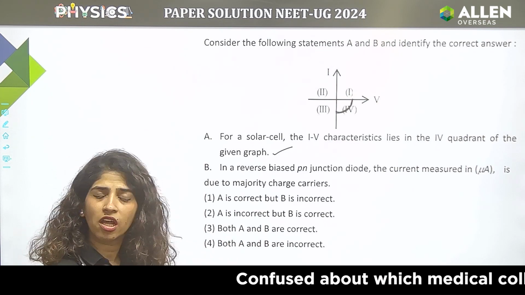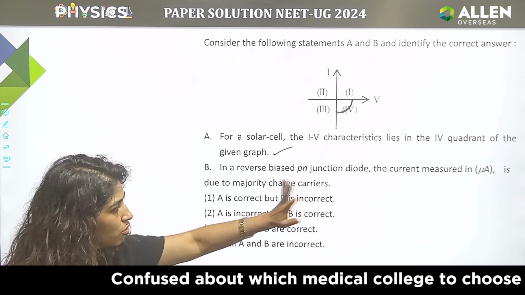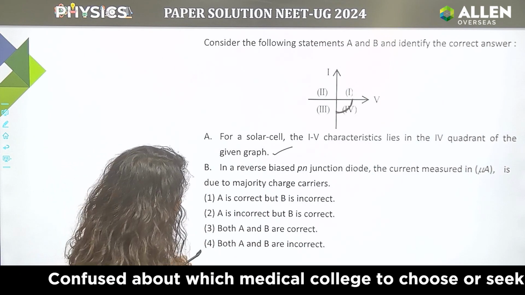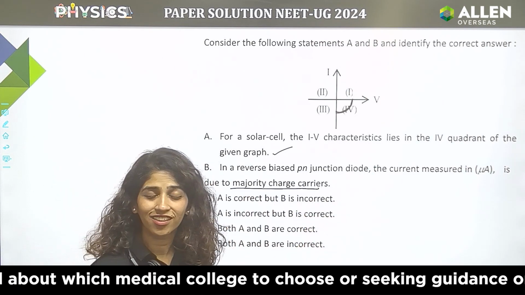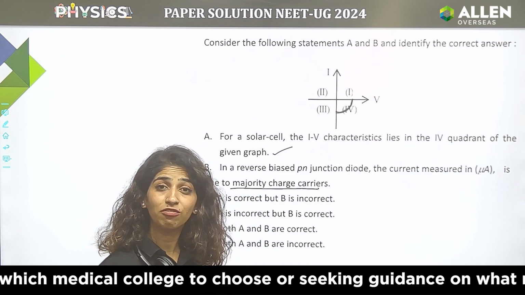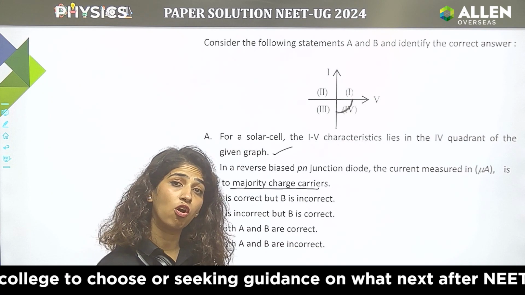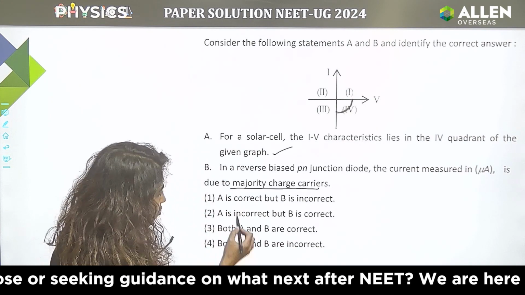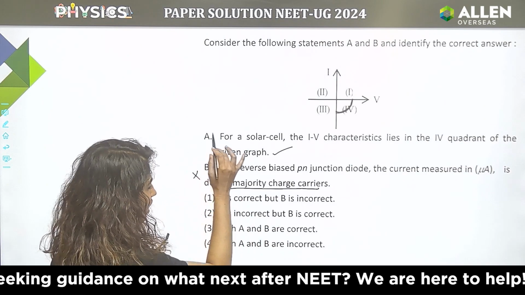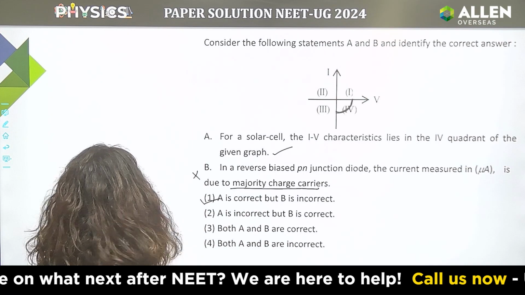In reverse bias, the current flowing is very small, in microamperes. So that part is correct. But it says that it is due to majority charge carriers, which is incorrect. In reverse bias, whatever current flows is not due to the majority charge carriers but because of minority charge carriers. That's the reason why this statement is incorrect. A is correct, but B is incorrect.